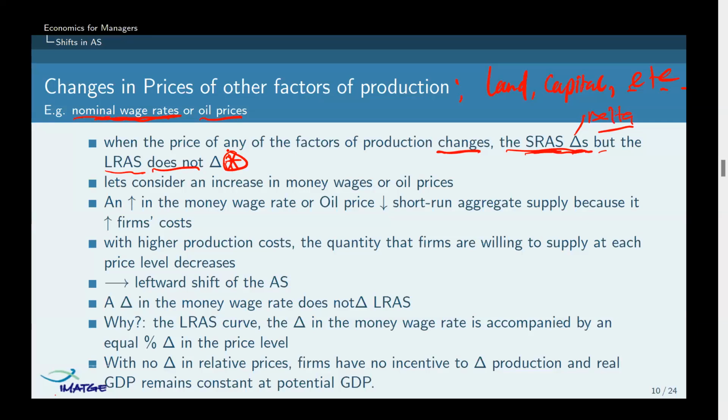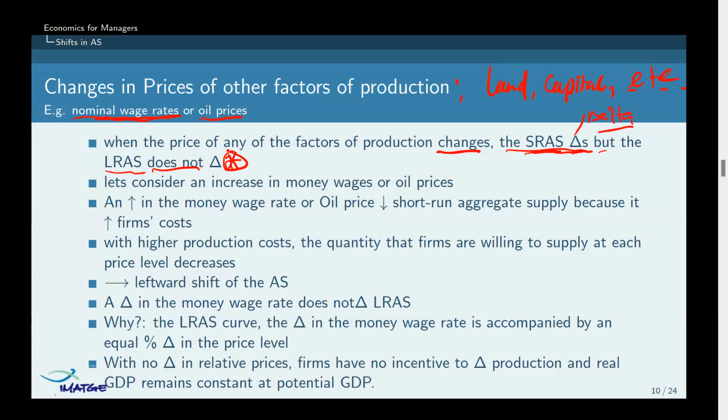So what causes the long-run aggregate supply curve to change is actually change in potential output. When prices of other factors of production like rental rate of capital or the rent that you pay for your buildings change, that would cause short-run aggregate supply to change, either to the right or to the left.